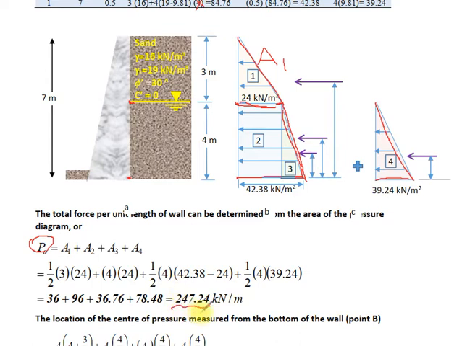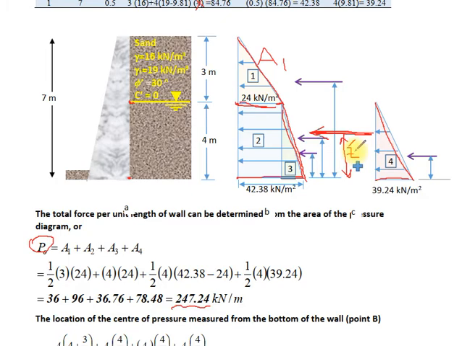The resultant of the lateral earth pressure will be 247.24 here, but we don't know the location of this resultant. Assume that the location with respect to the bottom of the retaining wall is Z dash.